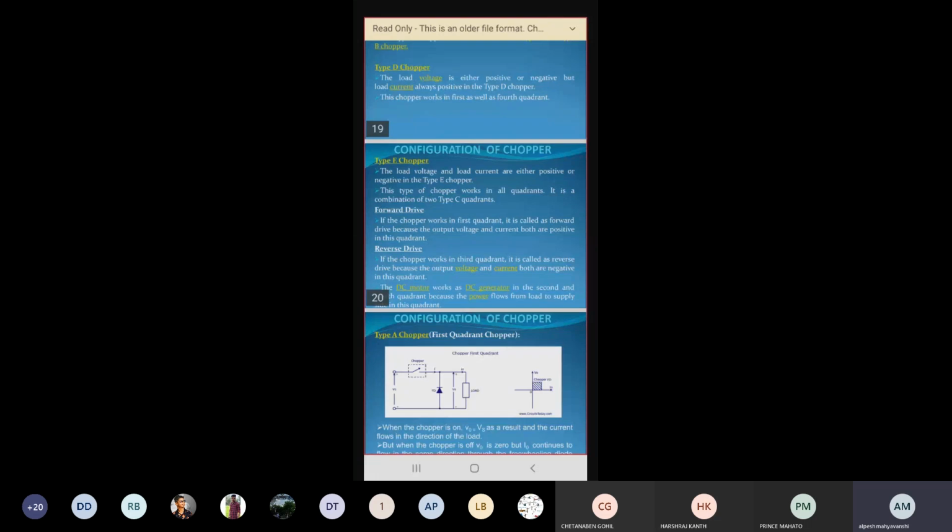Okay, so now one by one we will discuss the configuration of chopper. First one is the type A chopper.